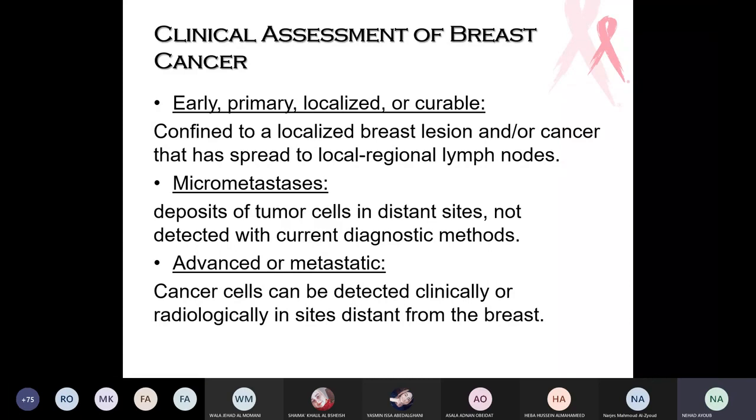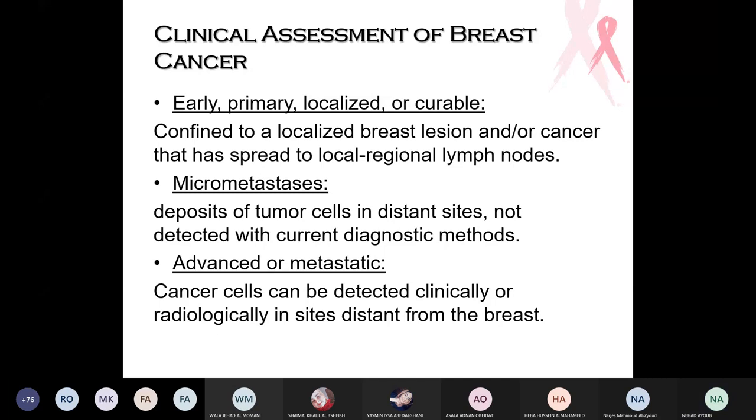To be able to manage a case of breast cancer, I need first to confirm a diagnosis of breast cancer. This is done in pathology. I need to know the molecular subtype of breast cancer, and this data also comes from pathology, and I need to stage the disease.